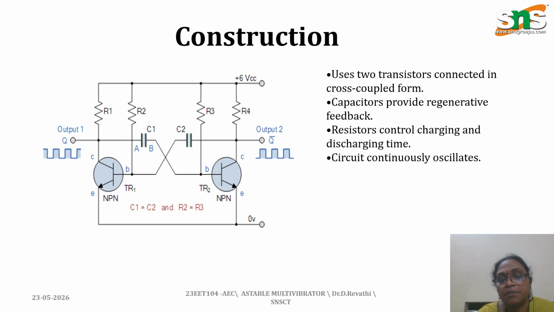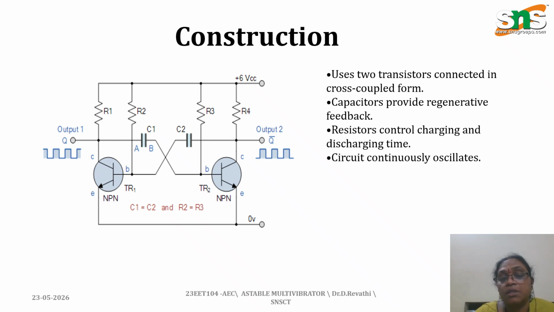Normally the capacitor values and resistor values are equal. The capacitor is used for regenerative feedback; it produces the regenerative feedback. And the capacitors are charged through the resistors R1, R2, R3, and R4. So these are the points you have to keep in mind.